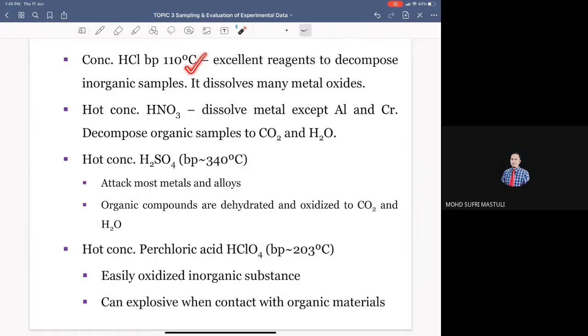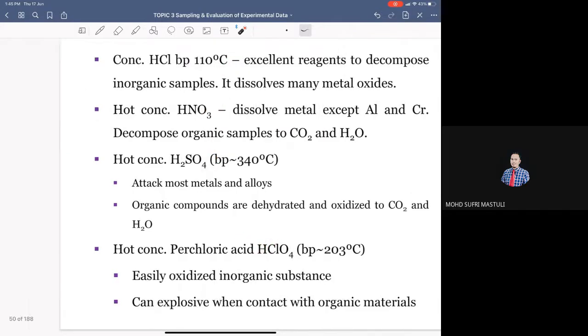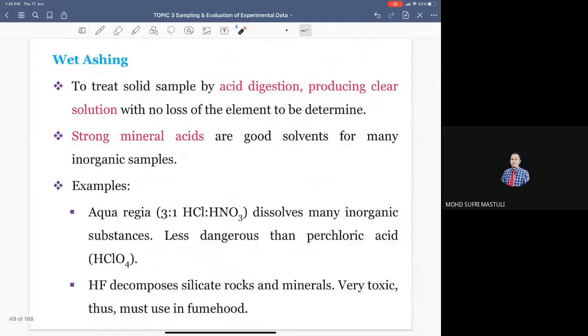All these kinds of strong acid can be used for wet etching.